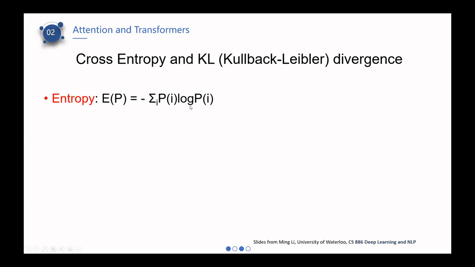This is the entropy, same distribution, P and log P. And here we have two distributions, P and Q, and we have P_i and log Q_i. One distribution is from the ground truth, and the other is from what the network predicts. That's why it's called cross entropy.